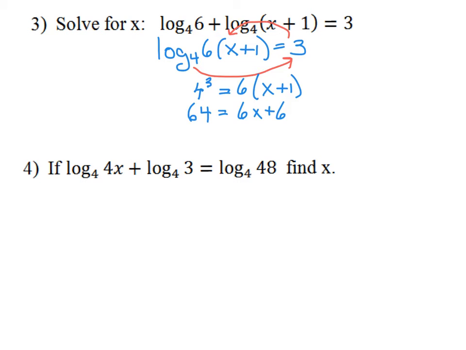So I want to solve for x, so I'll subtract 6 from both sides of the equation, so I get 58 is equal to 6x. And when I divide both sides by 6, I get x is equal to 58 over 6, which reduces to 29 over 3. Again, this is a tough one to check unless your calculator has the option of writing a base.